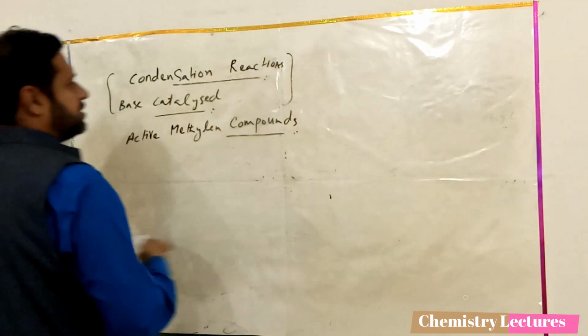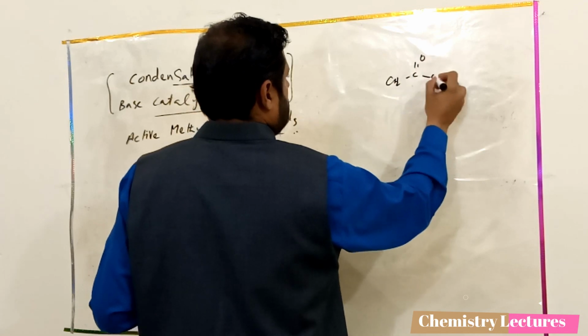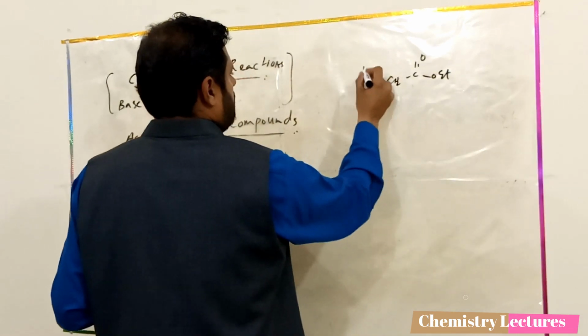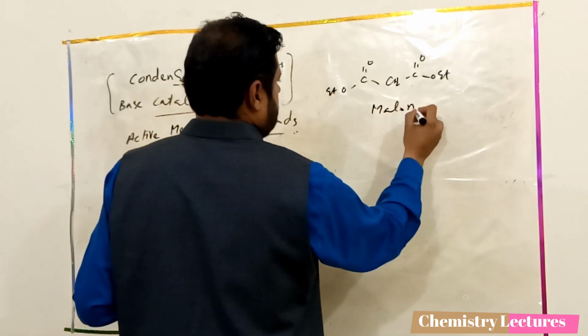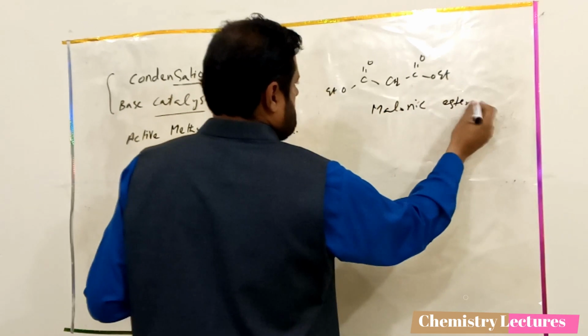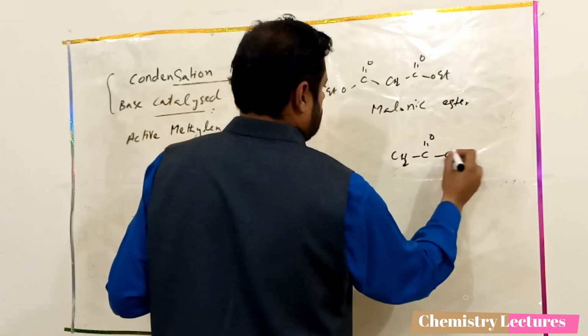Now second, if a methylene group is attached to two electron withdrawing groups, what happens? For example, in this case, this is called malonic ester. And we have another compound of this type, acetoacetic ester.